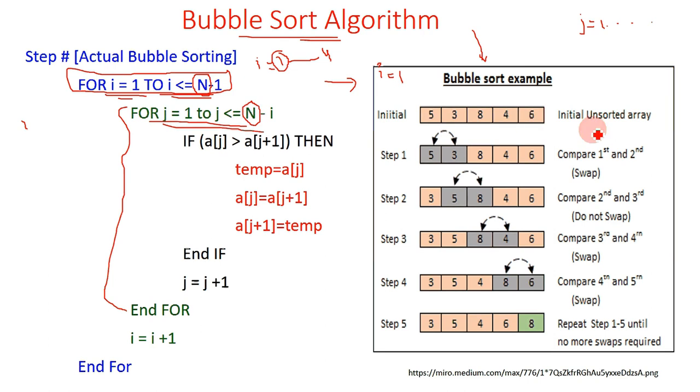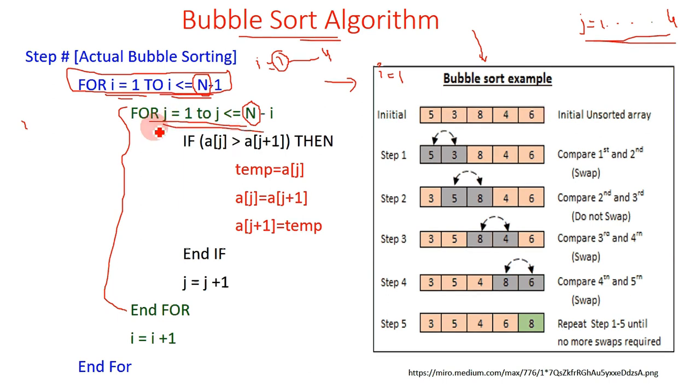In our case the size of the array is 5, so the inner loop will be executed 4 times. When the j value is 1, the control is at the first location.